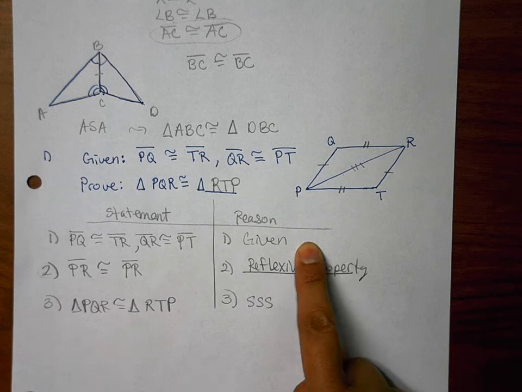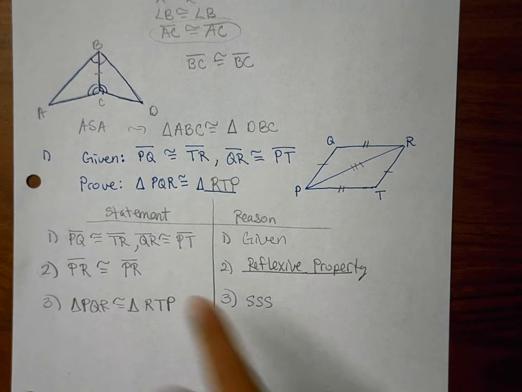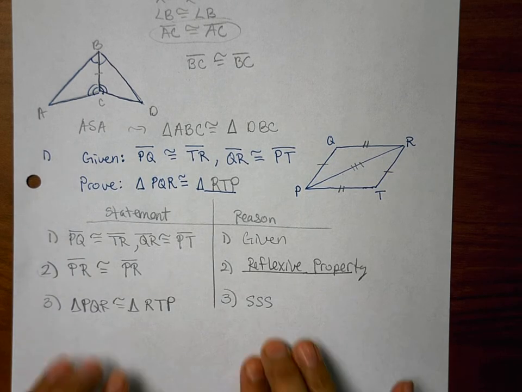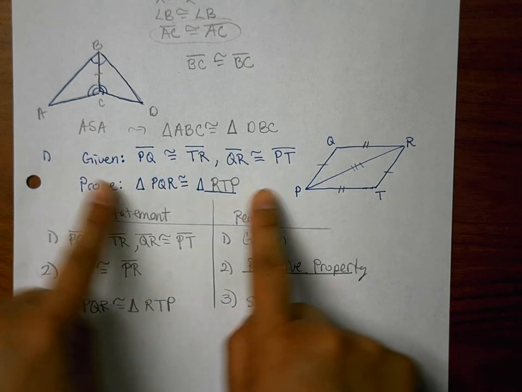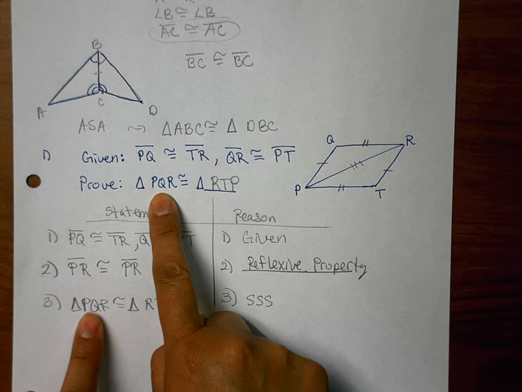All right, so your proofs will always be set up. First statement is whatever they gave to you, and the reason will always be given. The middle part of it, there's only one step in the middle, but the middle part will always be like the meat of your problem. All the little bits and pieces that you can say are congruent or whatever it is you're saying about the problem.